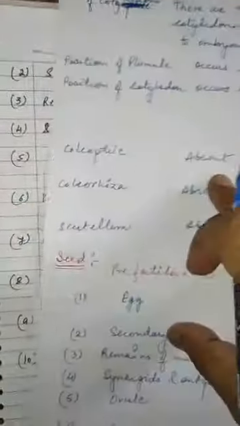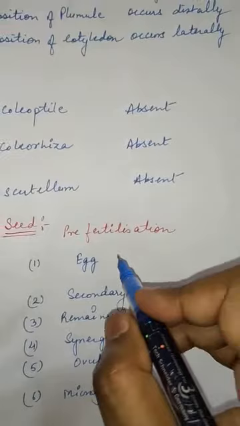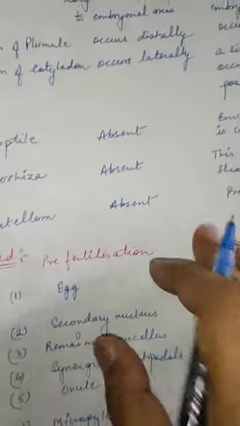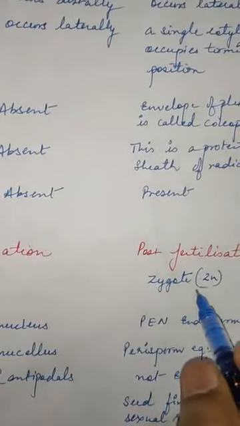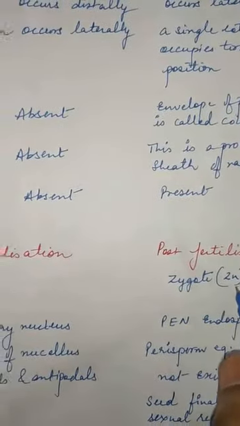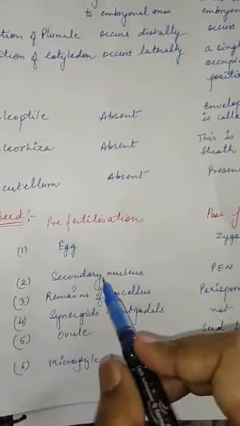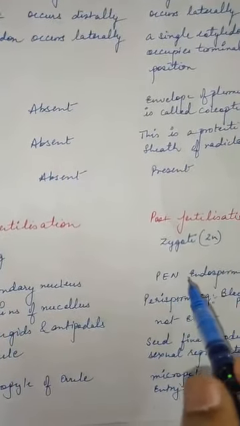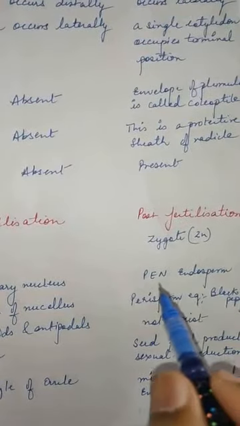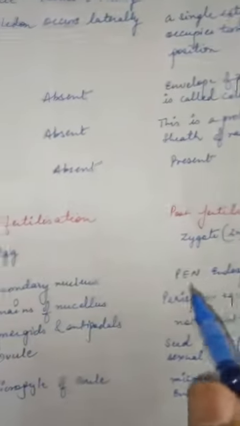We will try to recall it again. Before fertilization, the egg is present, and it will convert into the zygote. The zygote is diploid, 2n, right? Here the secondary nucleus will convert into the PEN, primary endosperm nucleus, which is triploid and forms the endosperm.